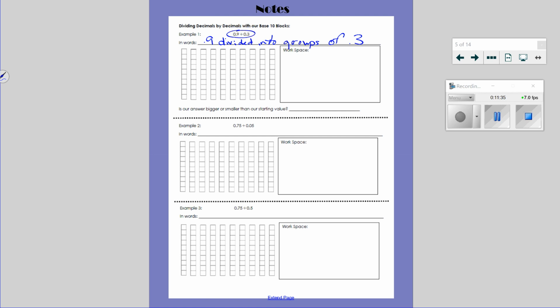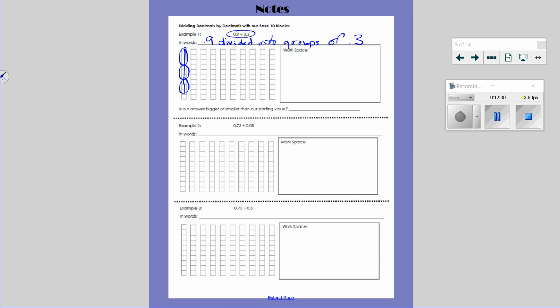Okay, so we've given you these number models to help you see this. So our first line, we're going to call this a 1. So I'm going to color in 9 of the 10, but don't do it too darkly because you need to be able to see the lines. If I color in 9 of those and I divide it into groups of 3/10, I get 1, 2, 3.